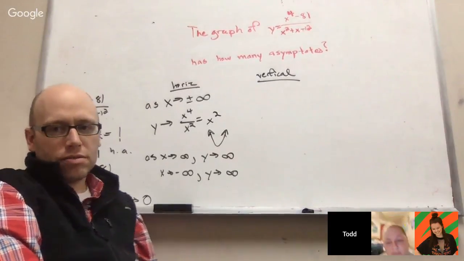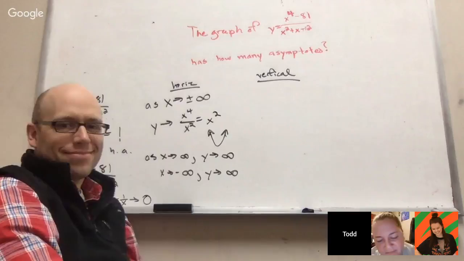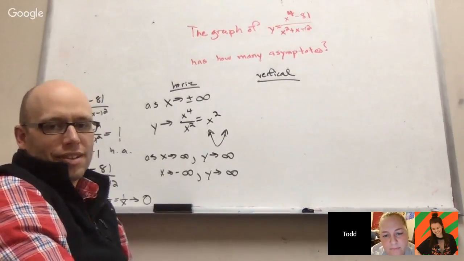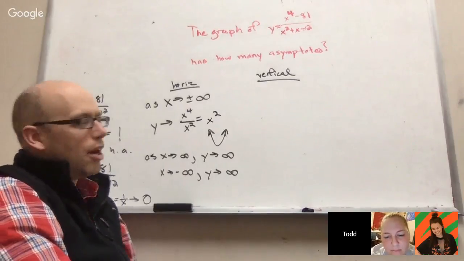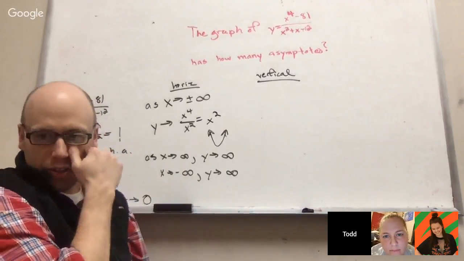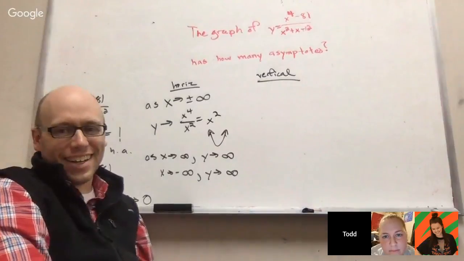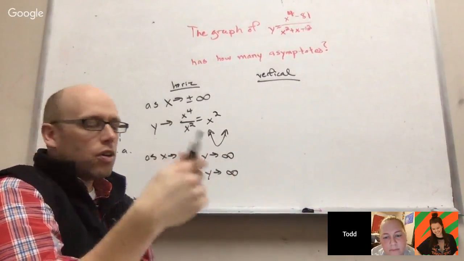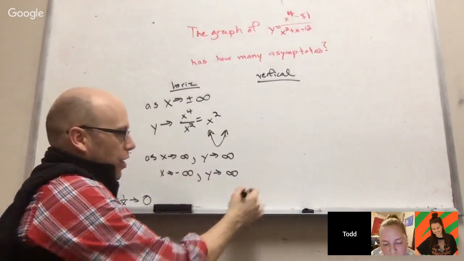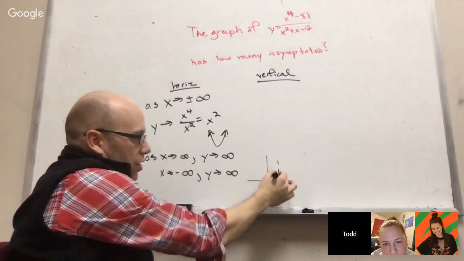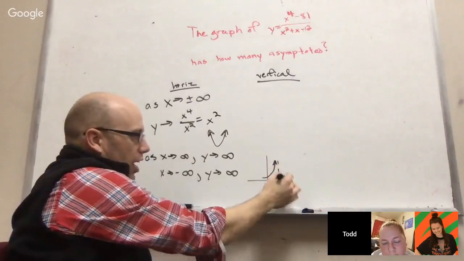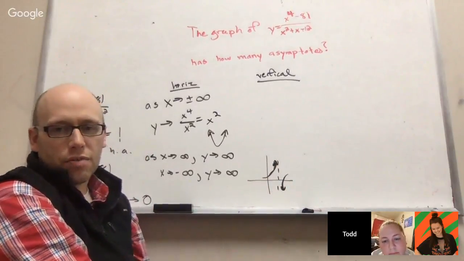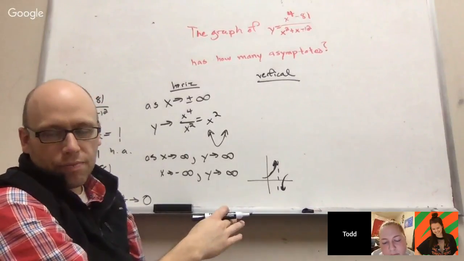Gabby, you got anything? No response. I want to factor, but I'm not sure. I like your intuition. Factoring is a good idea. Think about what a vertical asymptote means. A vertical asymptote is basically a place where the graph is undefined, right? Like it's growing without bound, going to positive or negative infinity without bound.